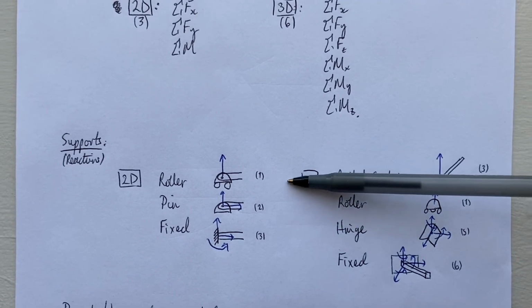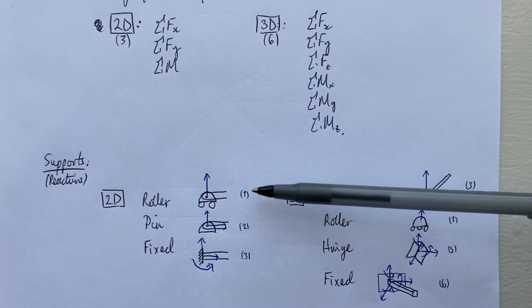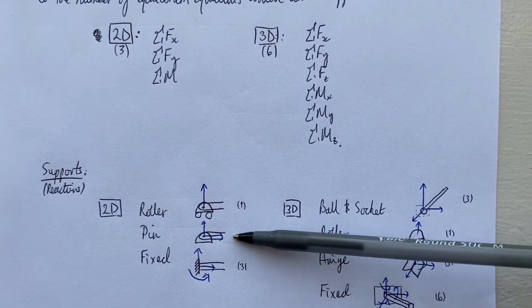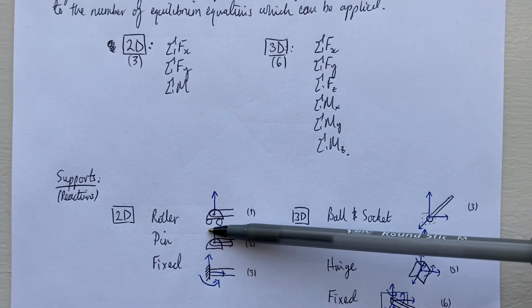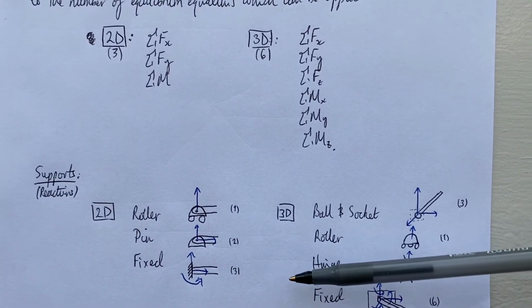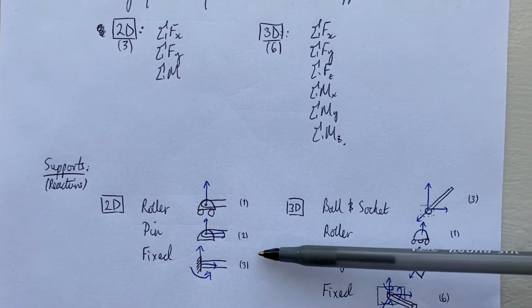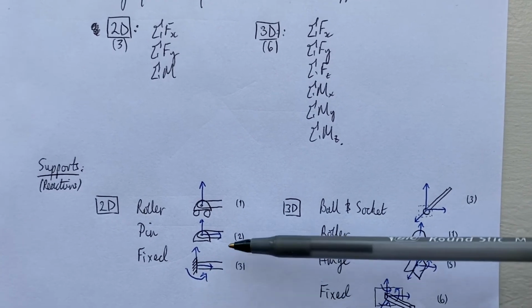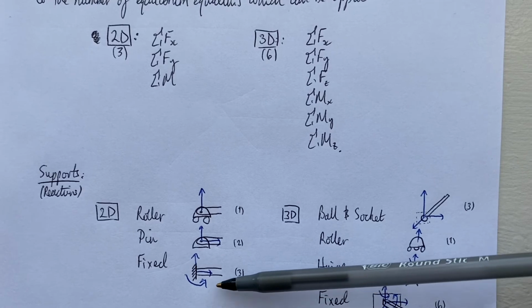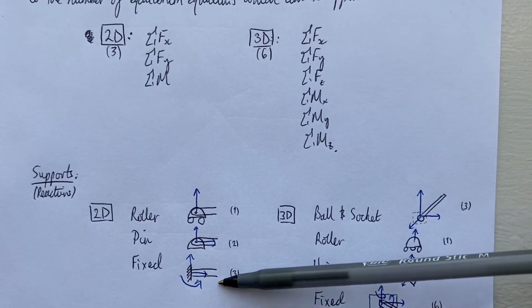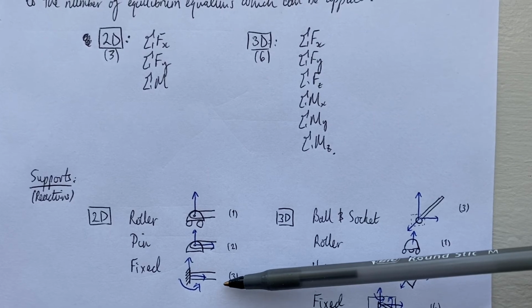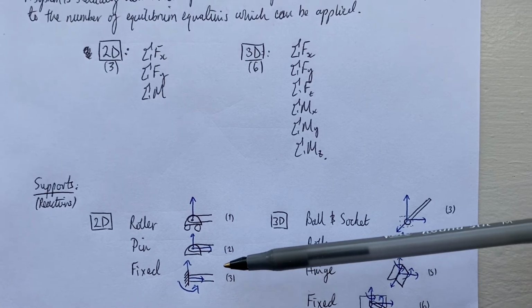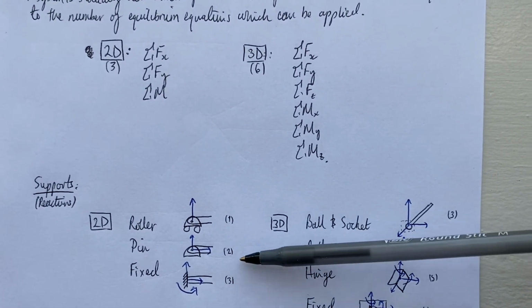So in 2 dimensions, there's only 3 possibilities: a roller, which has 1 reaction in the normal direction, a pin support, which has 2 reactions, 1 in the normal and 1 in the parallel, and a fixed support, which has 2 reaction forces and a moment which counteracts any moment. It doesn't allow twisting, right? Whereas both of these do. So we have 1 unknown here, 2 unknowns here, 3 unknowns here.